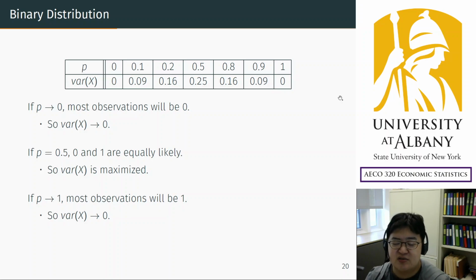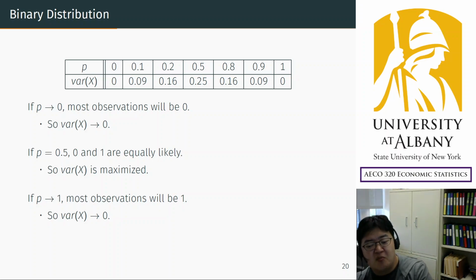So I would like to explain the intuition behind it. Remember, the variance is a measure of variability. Simply, it's about how much the outcome varies, or I would interpret it as a kind of uncertainty or predictability, right? The larger the variance is, the less predictable or the more uncertain the outcomes are.